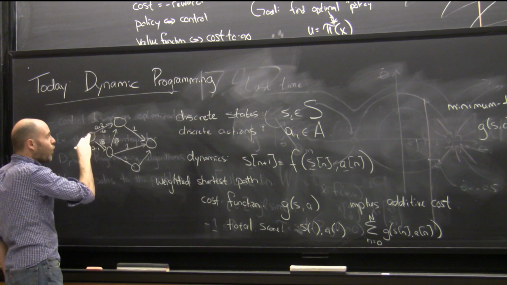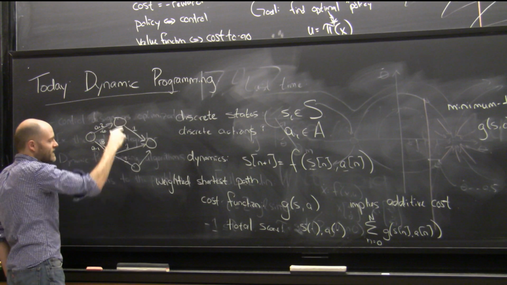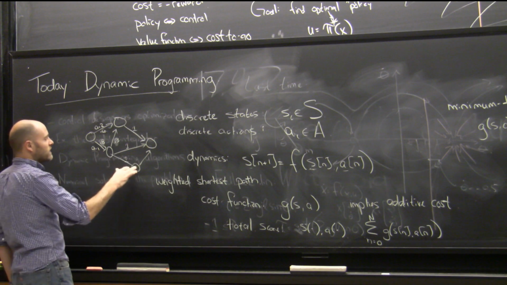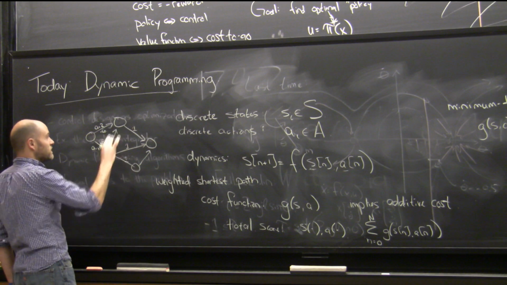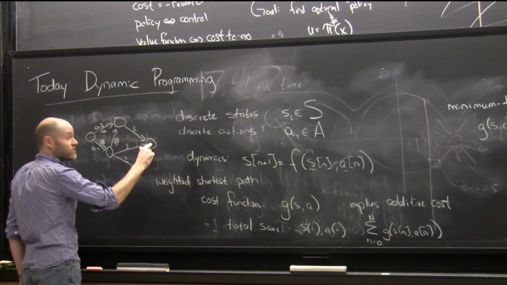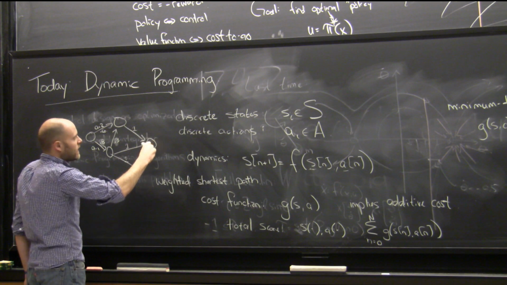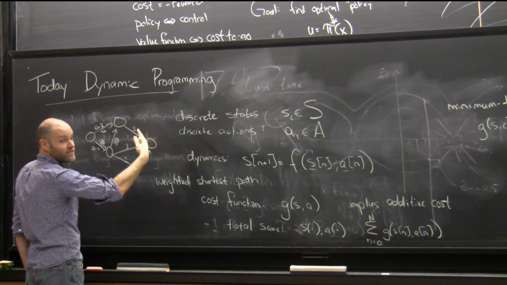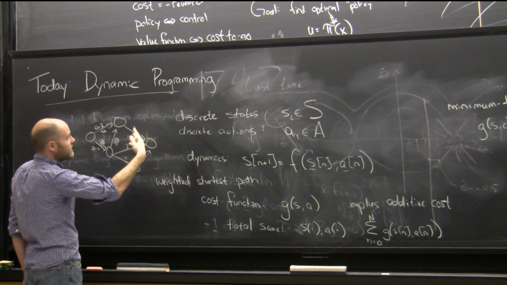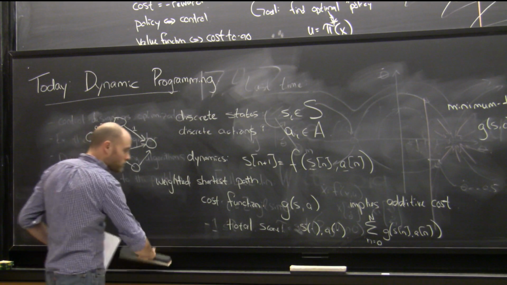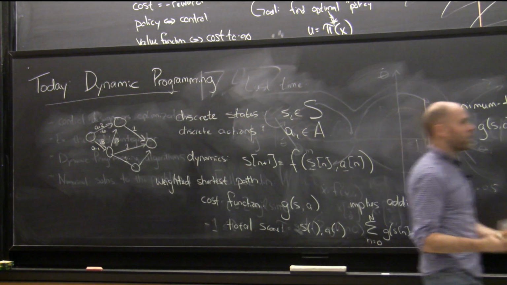But if my goal in the end is actually to know what the optimal action to take is for every possible state, if I want to output a controller that tells me what I should do everywhere, then the best way to do it is to start at the goal and then work back and compute this magical quantity called the cost to go, which tells me everything I need to know about the problem. And that's the dynamic programming approach.